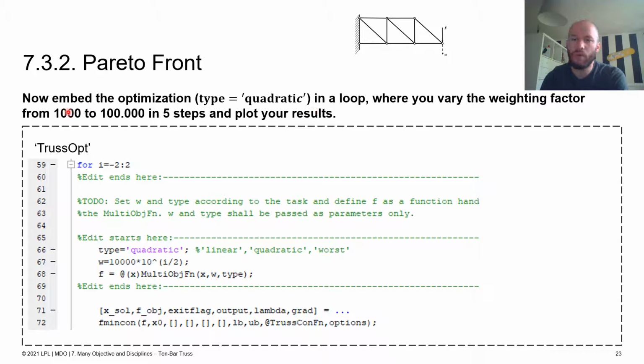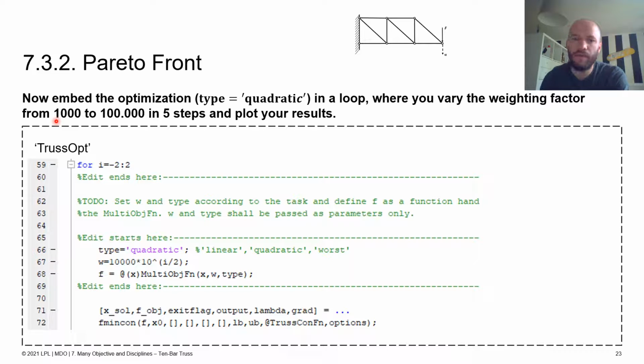Afterwards, we change the optimization type in the multi-objective function from linear to quadratic, and we also introduce a loop in the truss opt file, and then we just iterate, because what we want to do here is plot some points of the Pareto front. So we want to vary the weight.